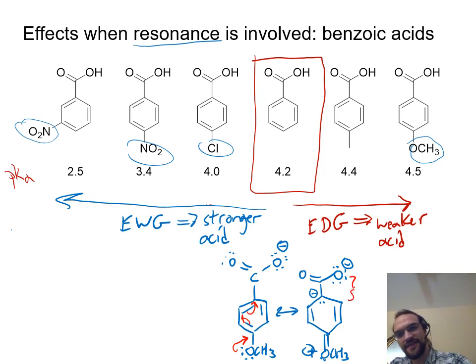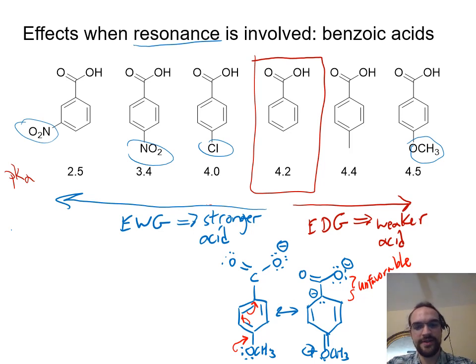So this effect is destabilizing, or it's unfavorable. And so this conjugate base is worse off than it would be if there was no methoxy group and it was just benzoic acid. So that's why the methoxy group, because it can donate through resonance, actually leads to a weaker carboxylic acid.